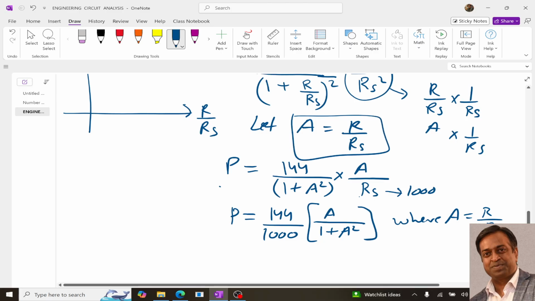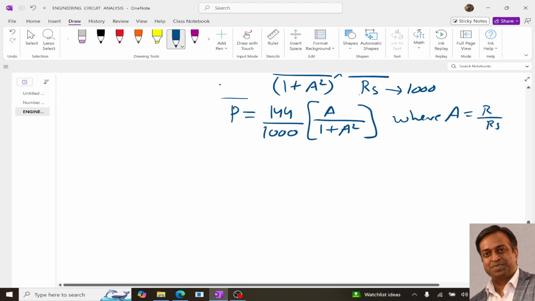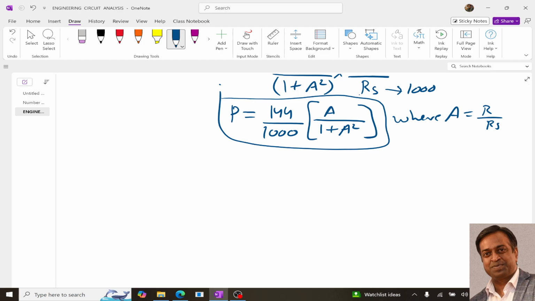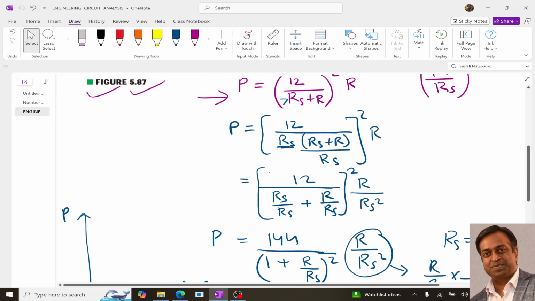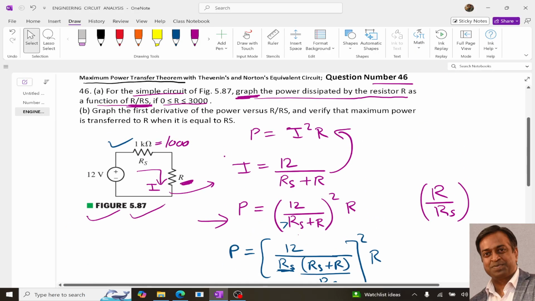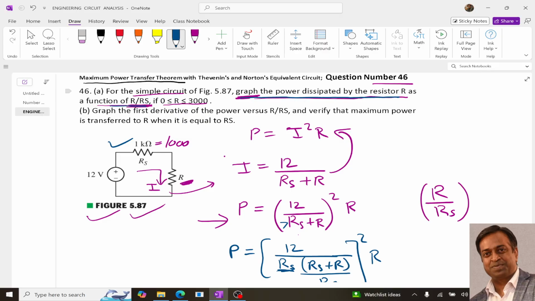Once we get this expression, we need to plot it on a graph. Once again, the question is saying that we need to graph the power dissipated by the resistor R as a function of R by RS for the range 0 to 3000.